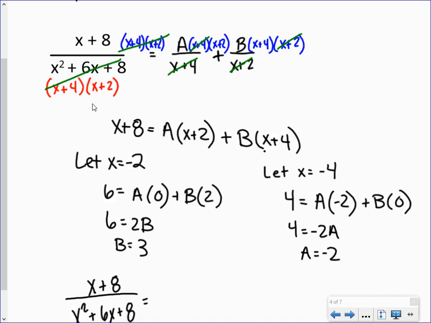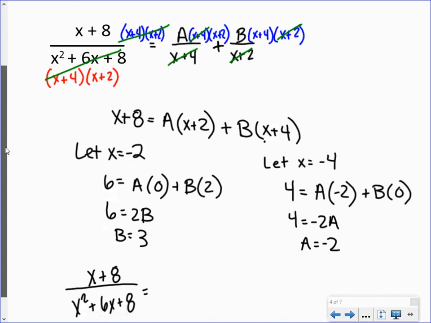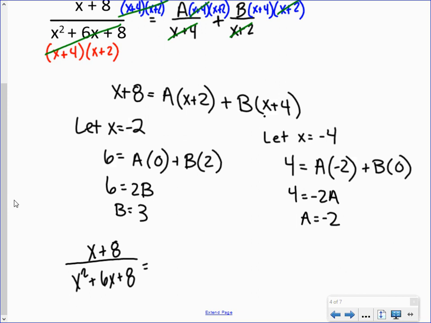Then I'm going to plug in my a and b respectively. So a was negative 2, so I would say negative 2 over x plus 4 plus b is 3 over x plus 2.